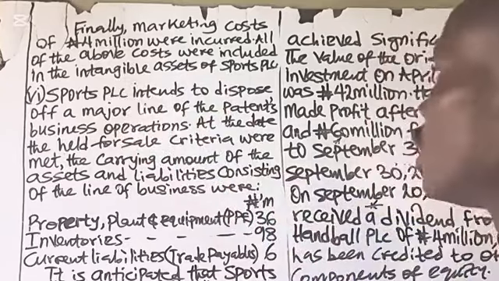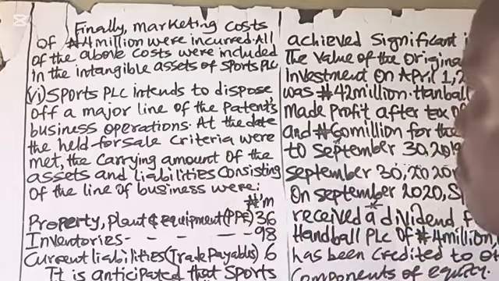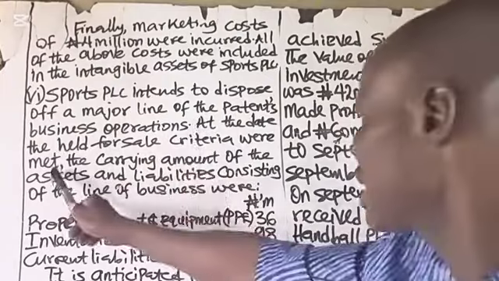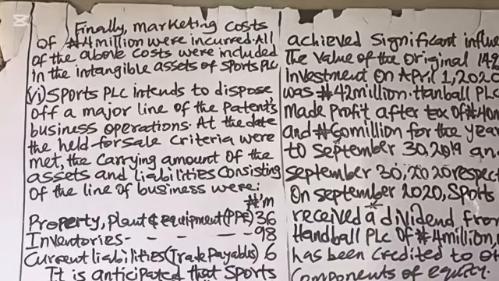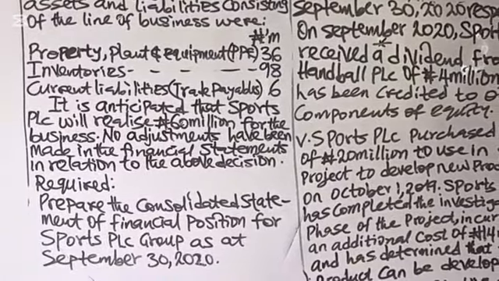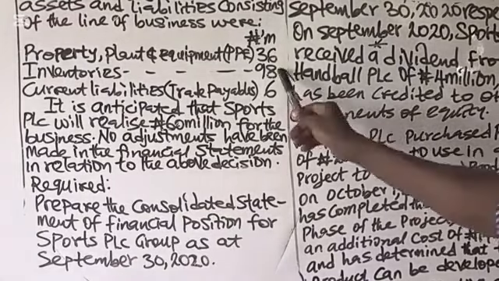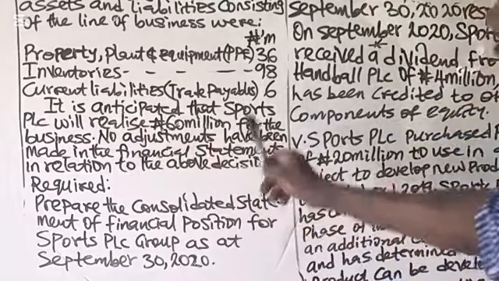Note 6. Sport PLC intends to dispose of a major line of the patents business operations. At the date the held for sale criteria were met, the carrying amount of the assets and liabilities consisting of the line of business were: property, plant and equipment, 36 million naira; inventories, 98 million naira; current liabilities, trade payables, 6 million.